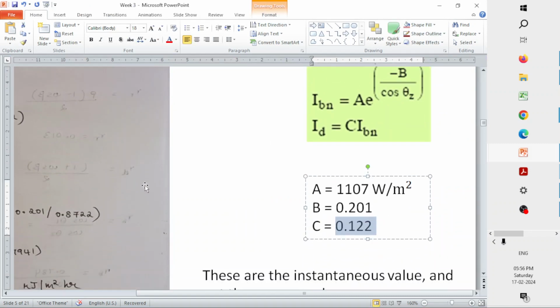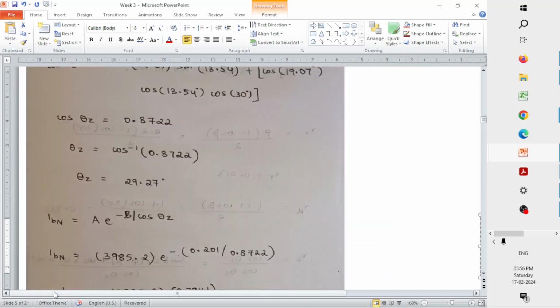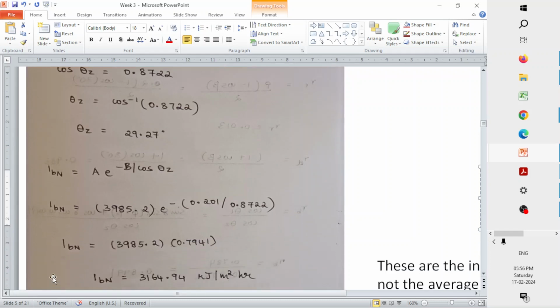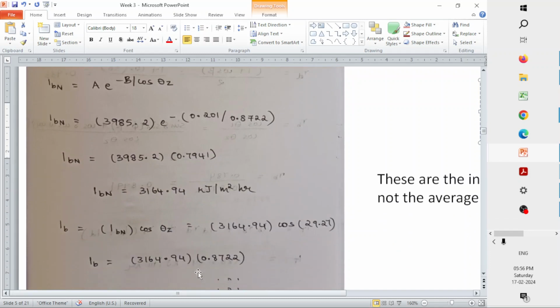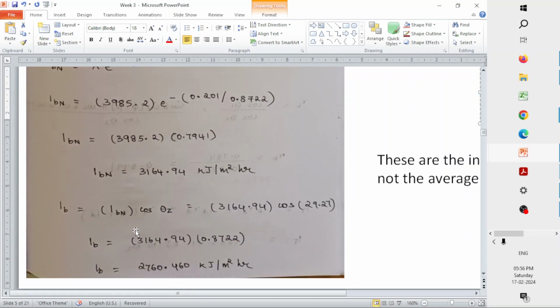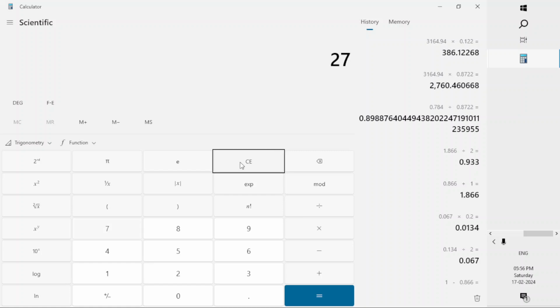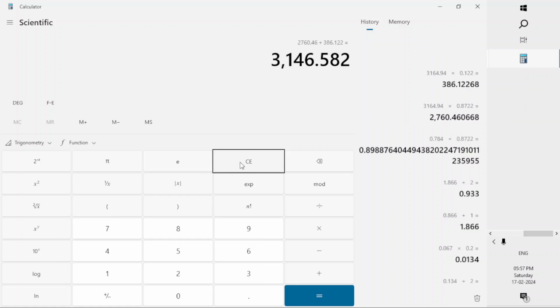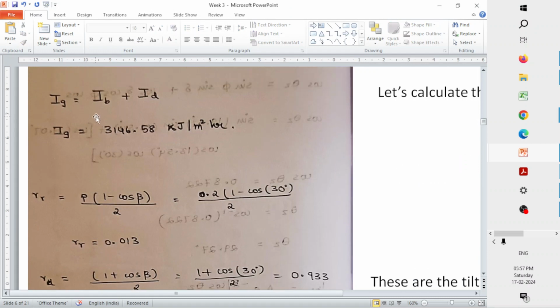Here Id you have already told us, 386.122 kilojoule per meter square hour. Here you know your value of Ib, that is 2760. So what is the sum of both? It's just addition. 2760.460 plus 386.122 is 3146.582. So this is the value here.